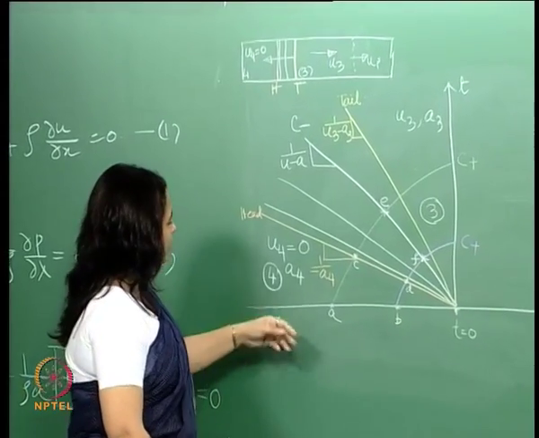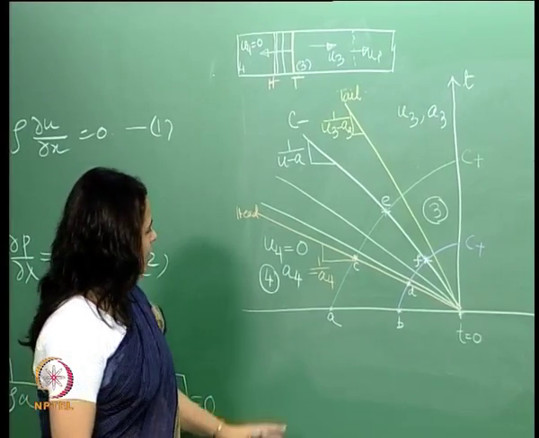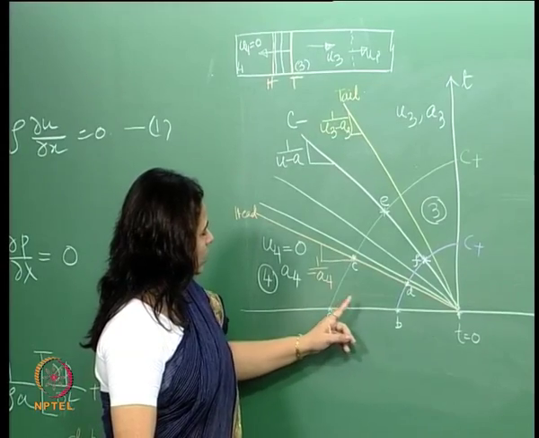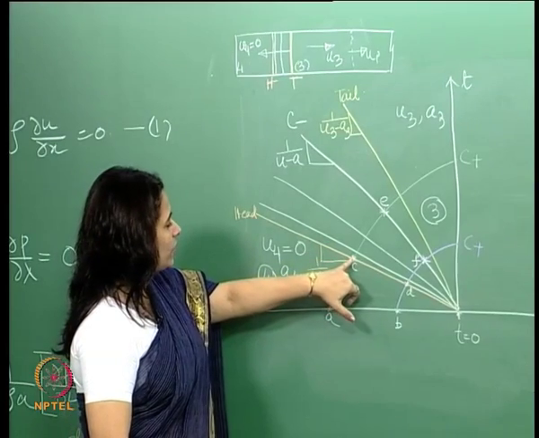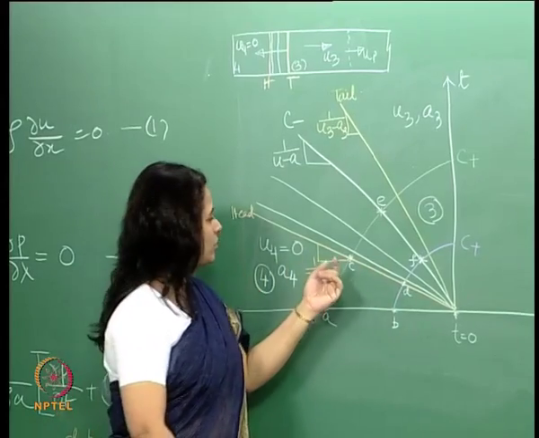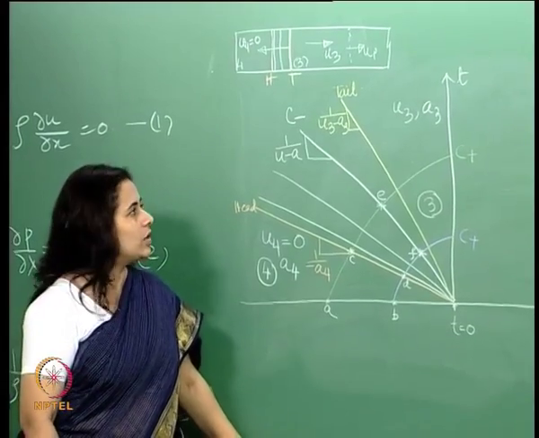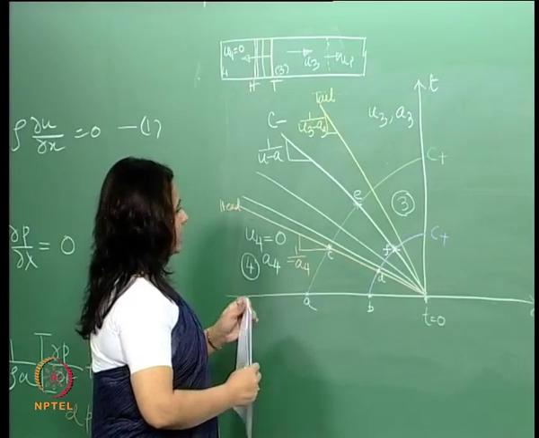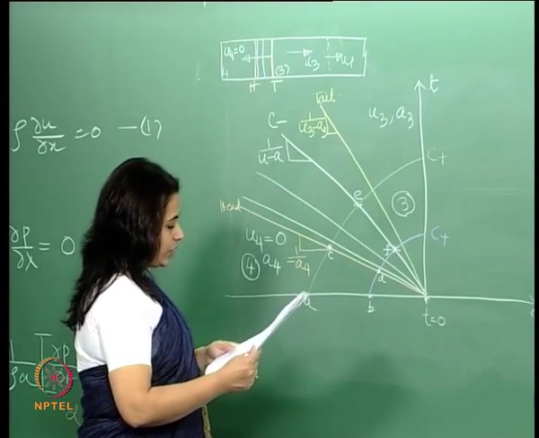So, what I have done here is drawn the C plus characteristics, and these are intersecting the C minus characteristics. Therefore, I am specifically locating those points and giving them some names. Now, let us see. These are things that we know, right.